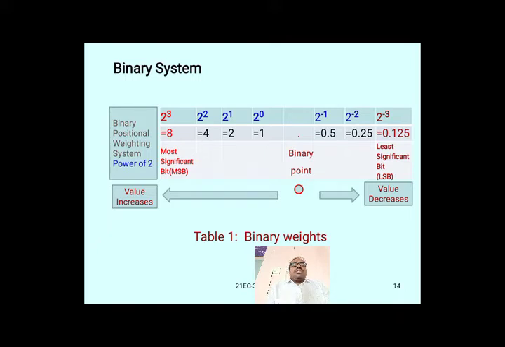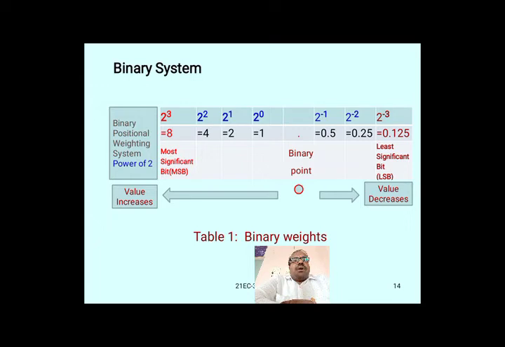So here we are showing 2 power 3, 2 power 2, 2 power 1, 2 power 0. After the decimal point, here we are taking the decimal point as the binary point, we have 2 power minus 1, 2 power minus 2, 2 power minus 3.